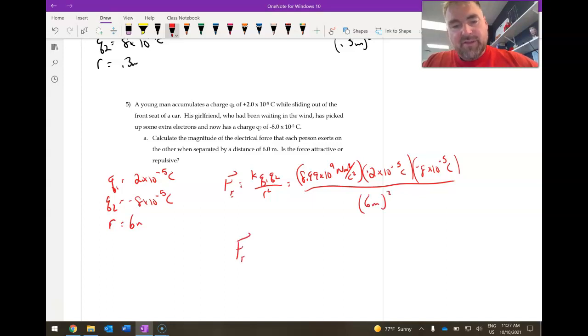We find that the force between the two ends up being approximately negative 0.4 newtons. This has got to be attractive because it's negative. You can say 0.4 newtons attractive, but if you just left it as negative 0.4 newtons, we would already know that it's attractive.